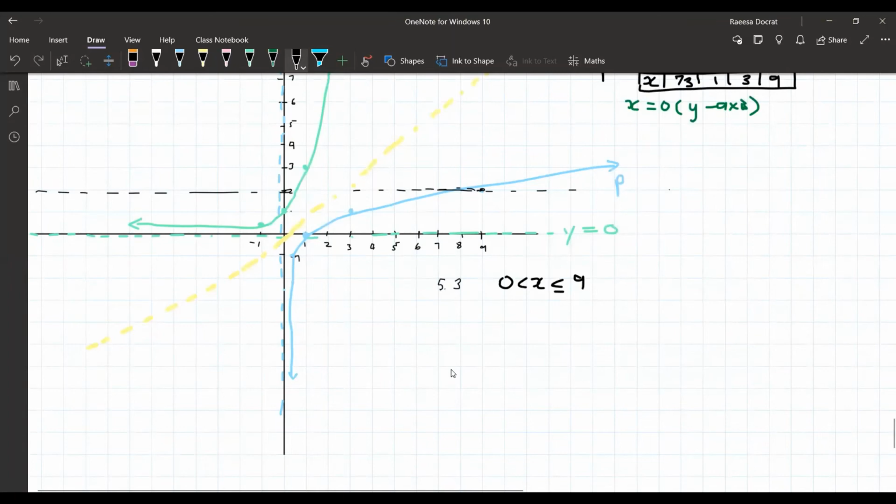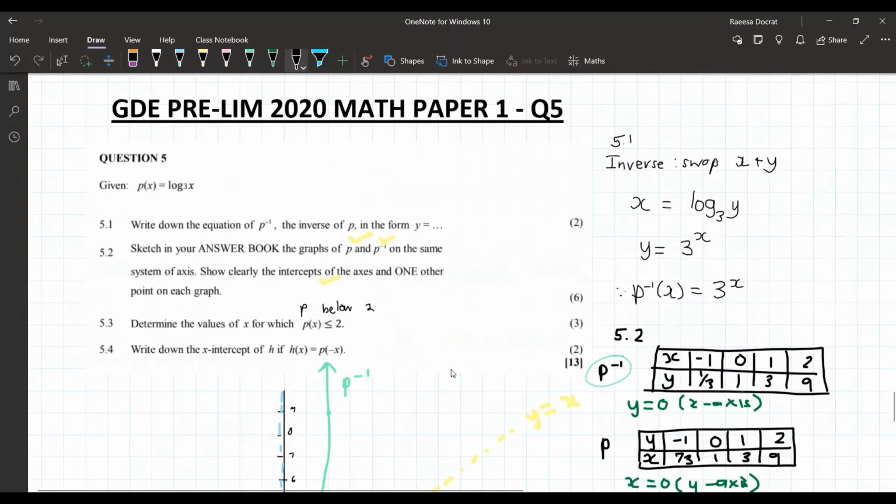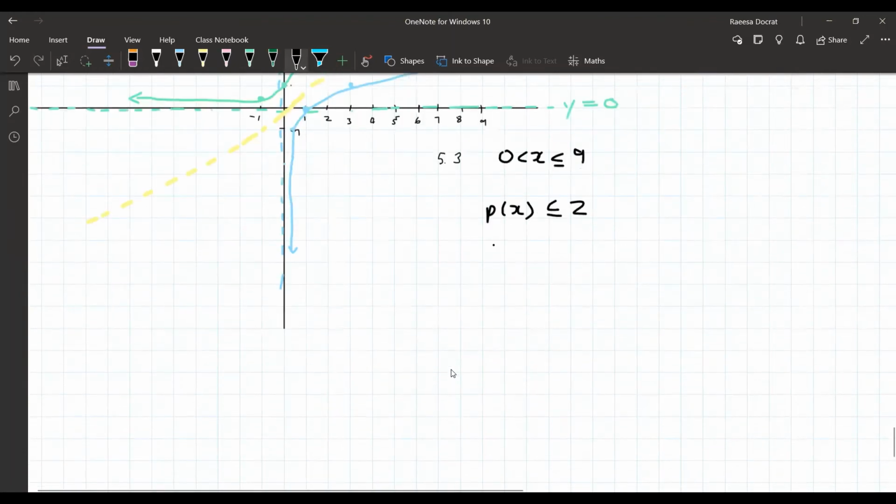Algebraically, you could just put in the equation. So p of x is less than or equal to 2. The equation of p of x was log base 3 of x, is less than or equal to 2. You could take this to exponential form.